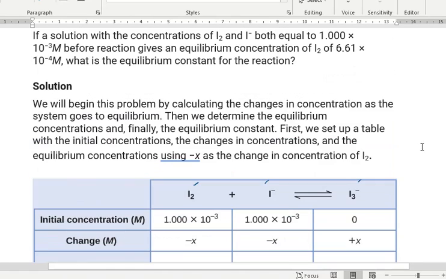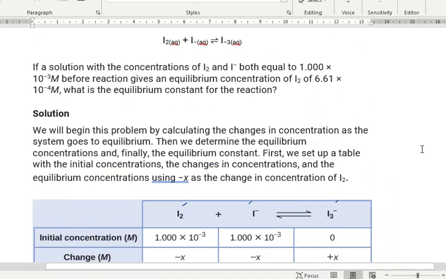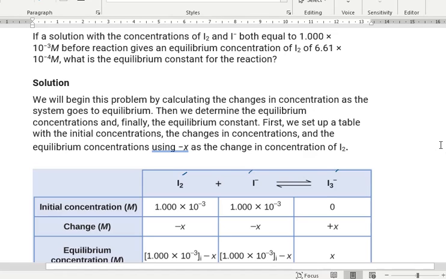So from the problem, we know that the initial concentrations of I2 and I minus are both equal to 1 times 10 to the minus 3. So that means the initial concentration is 1 times 10 to the minus 3 and 1 times 10 to the minus 3.